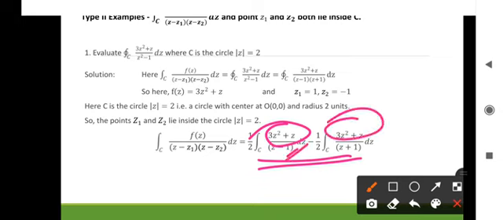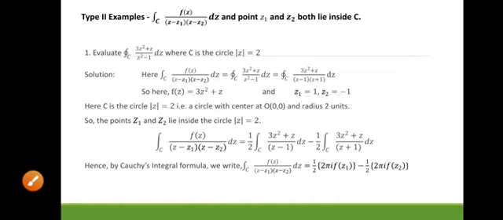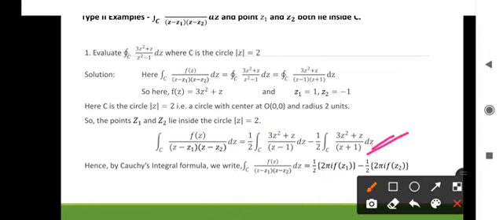This is also f of z again and z2 is minus 1. So the answer is 1 by 2 into 2 pi I f of z1 minus 1 by 2 into 2 pi I f of z2. Here we have to perform partial fraction method to reduce this integration to this form. So this part is left to you.